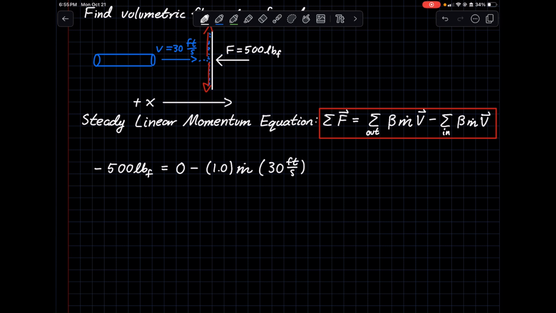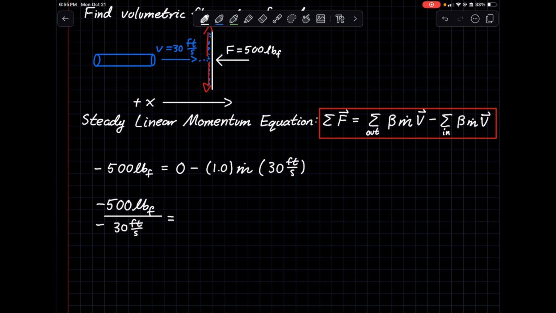So let's go ahead and do 500-pound force, and we divide that by negative 30 feet per second.